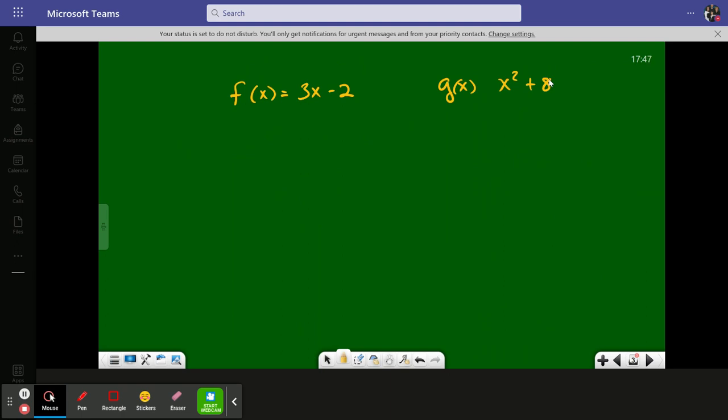If I'm going to do f of g, that means I'm going to put the g into the x, right? So I'm going to say 3, dropping that x, minus 2. So this one's the easier one.